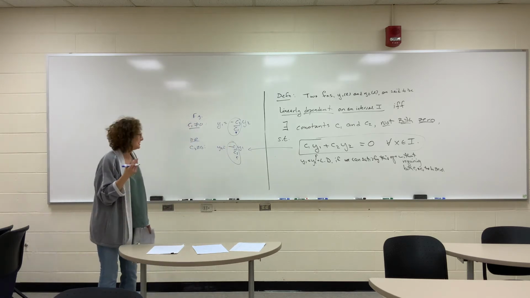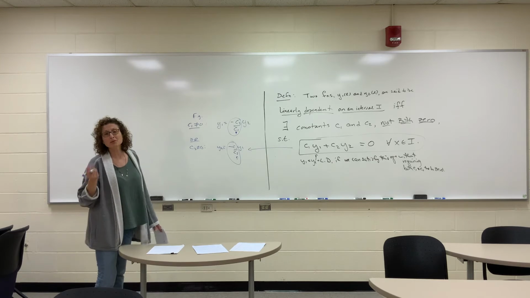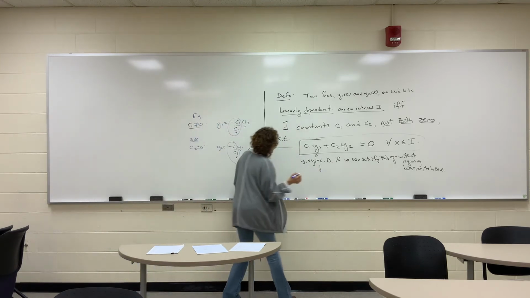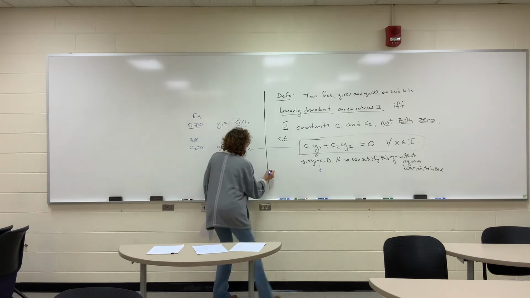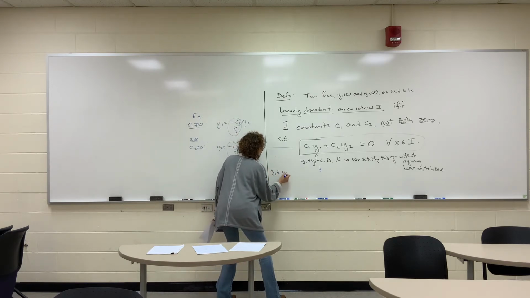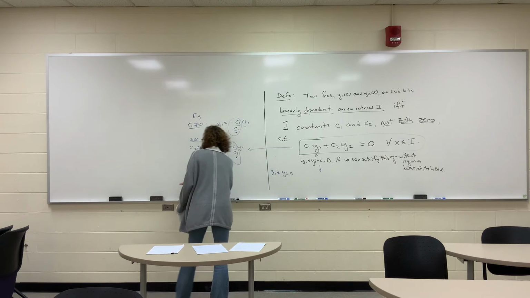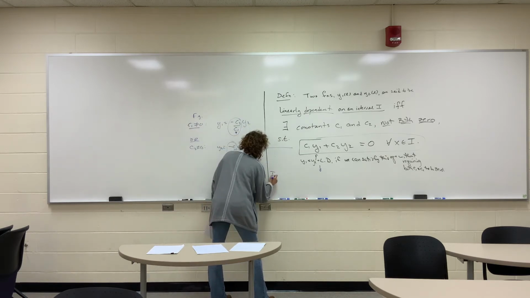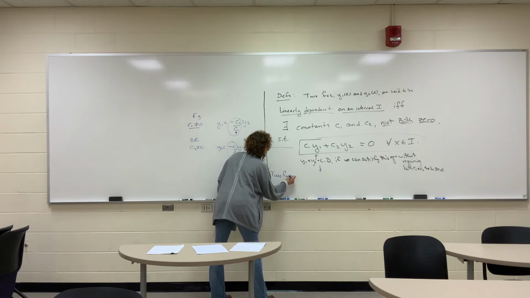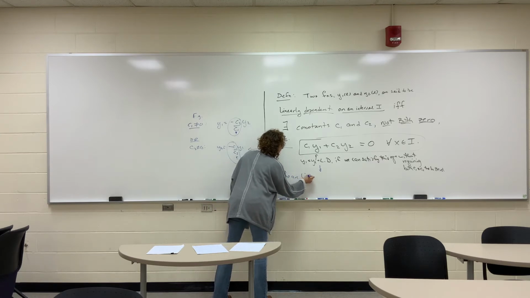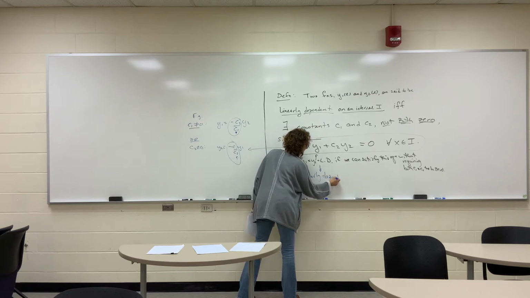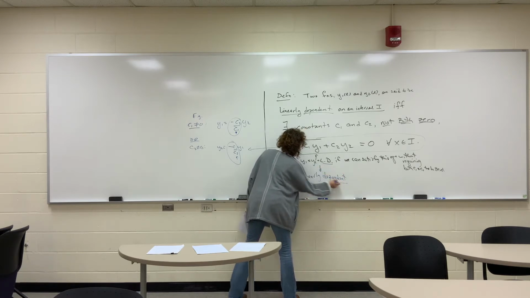So linear dependence is a lot simpler with just two functions, right? So we can also say y1 and y2 are just two functions. Let's just say that. So two functions are linearly dependent, LD, right?